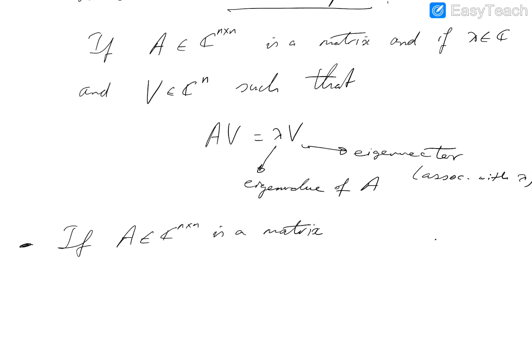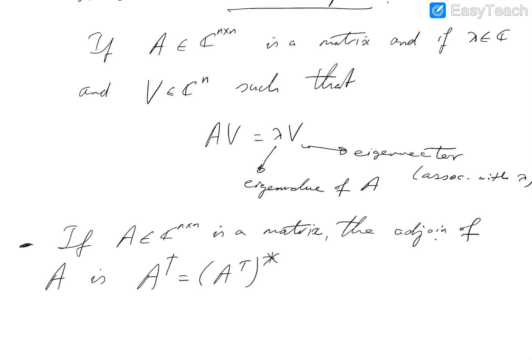If A is a square matrix, the adjoint of A, this is denoted by A dagger, and this is equal to A transpose conjugate. The conjugate of A transpose, or the order doesn't matter actually.